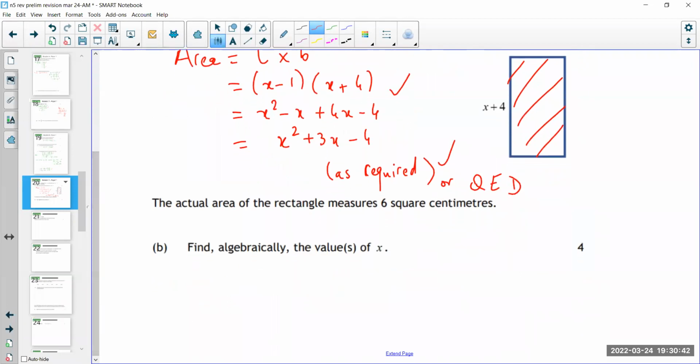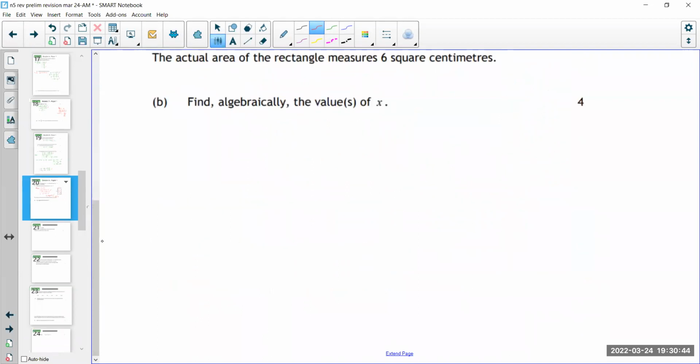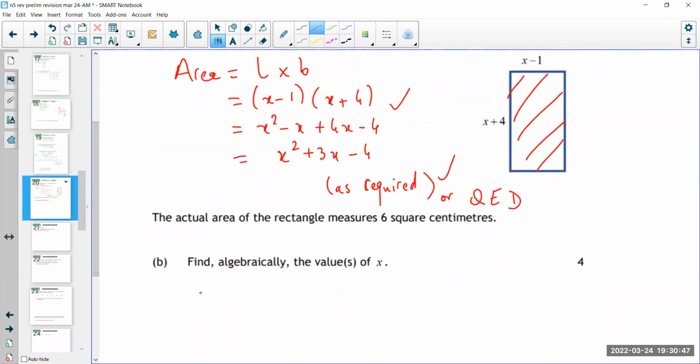So we just need to now solve this x squared plus 3x. Because area equals 6, we need to just solve x squared plus 3x minus 4 equals 6. Take away 6 both sides, and you end up with x squared plus 3x minus 10 equals 0. So I've got to find two numbers.